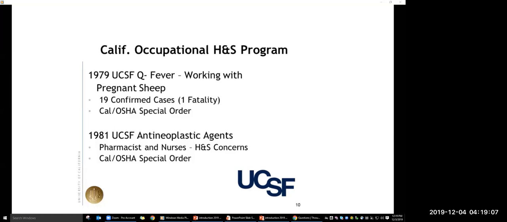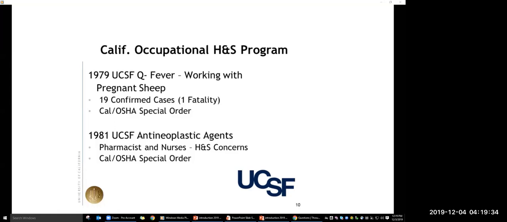In 1981, there were complaints regarding the handling of anti-neoplastic agents at UCSF and several hospitals in the San Francisco Bay Area. Concerns were improper mixing, lack of procedures, agents being mixed on the patient floors with no controls, a lack of training, and lack of personal protective equipment.